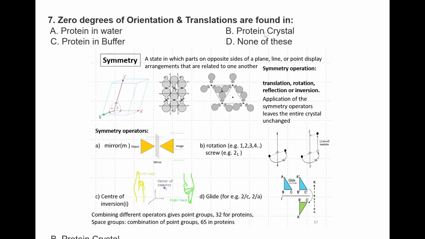But when it is in the crystal, the protein itself does not move or orient. Inside the crystal, the unit cells are arranged in such a way that we can relate one another with the help of these symmetry operators. So the answer to this question will be option B.